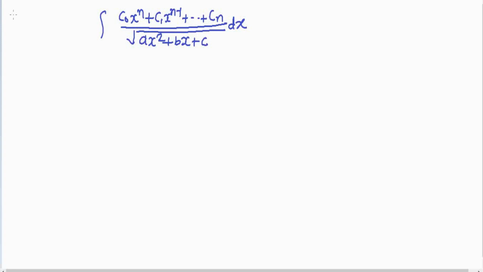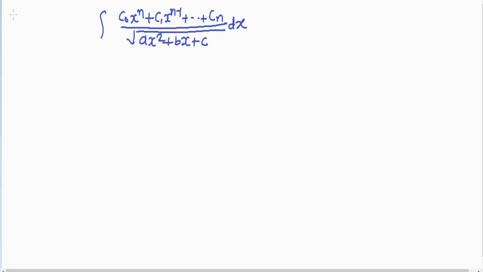In this video, we will discuss the integration of (c0 x^n + c1 x^(n-1) + ... + cn) divided by the square root of ax² + bx + c. This is an irrational algebraic function.